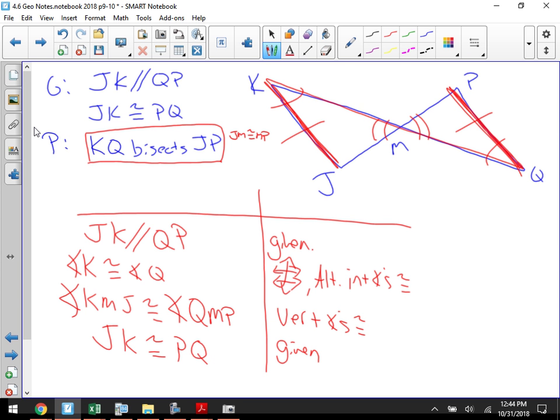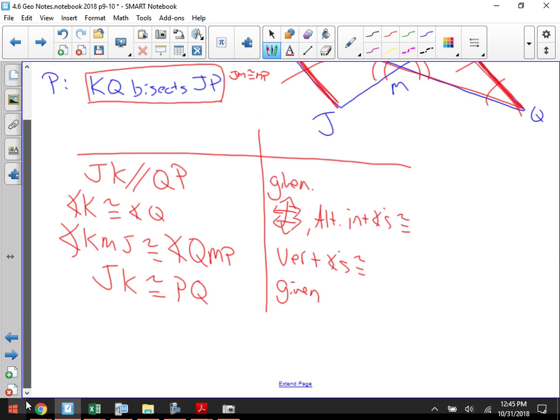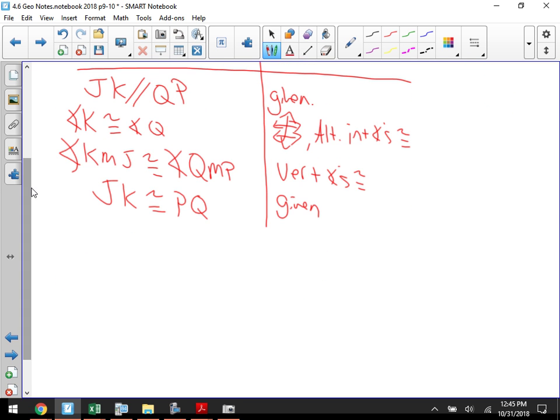Or, as we'll see in a little while, if you're ever given angles that are congruent, and you have to show what triangles are congruent, use the given angle letters as the triangle letters. It doesn't hurt. You're using something you already know that works. So we can go with triangle KMJ congruent to triangle QMP, and we said a second ago it was angle, angle, side.